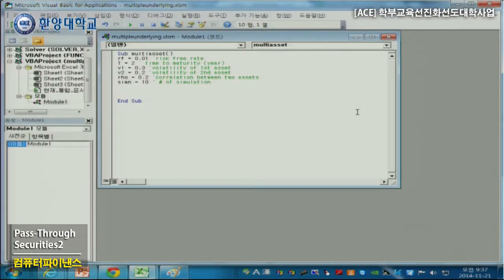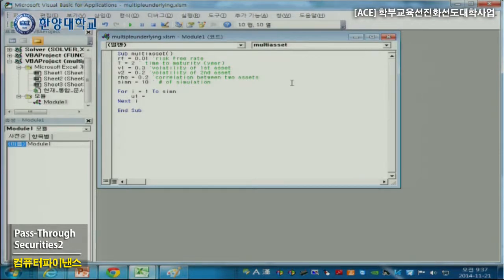Okay, so let's write down now for loop: for i equal 1 to simulation and next i. In this sense, so let's write down cells. Let's define two random variables.